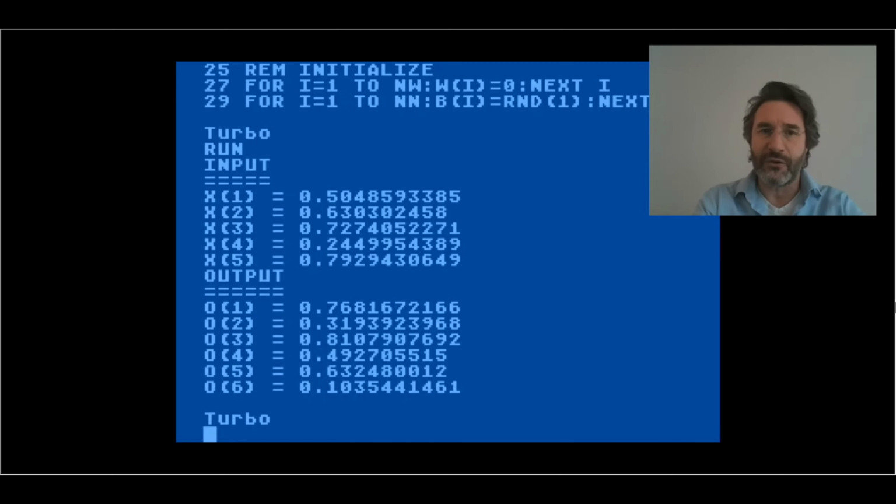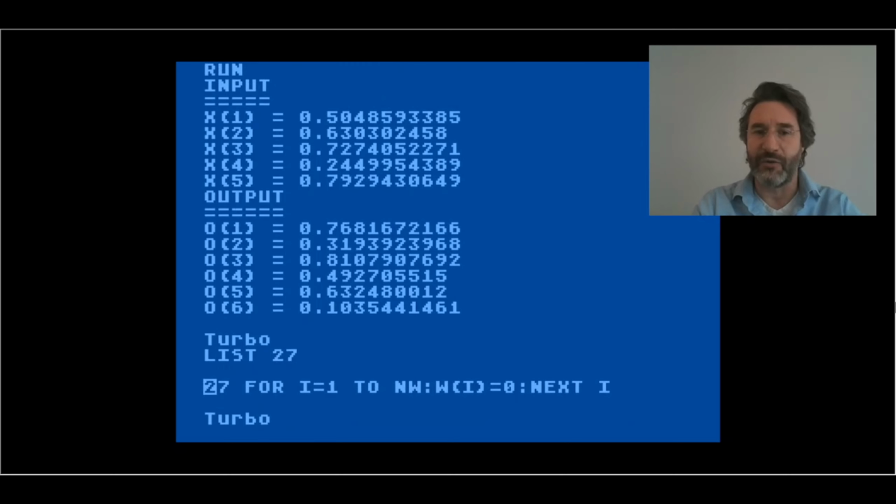If we now try to change something else, like line 27, where we define the weights, you can see that things become even more interesting. We are going to define this as a random number again that ranges between 0 and 1.